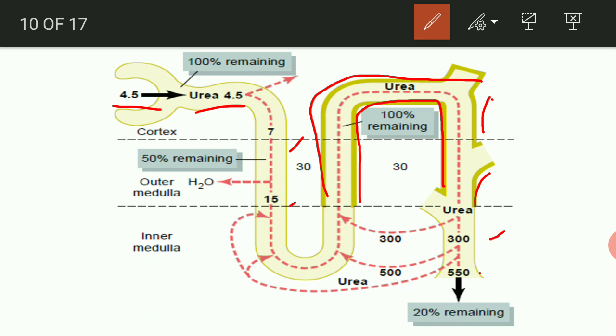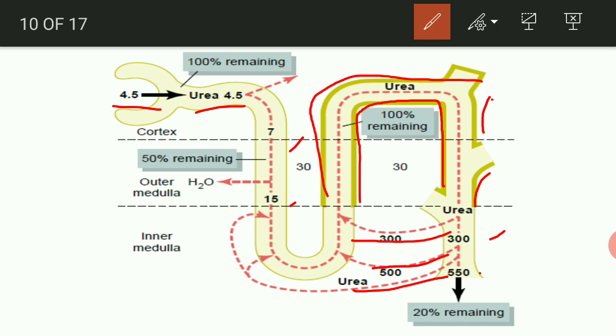So from the inner medullary portion, the urea which is concentrated is again reabsorbed into the medulla, and because of that, if osmolar urea is reabsorbed, it will increase the osmolarity of the medulla. It is again reabsorbed from the loop of Henle and goes back in, so it is recycled. So it is reabsorbed, recycled, and because of that it is helping in the concentration of urine.